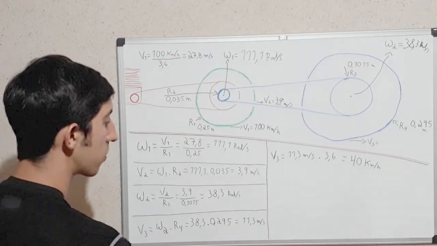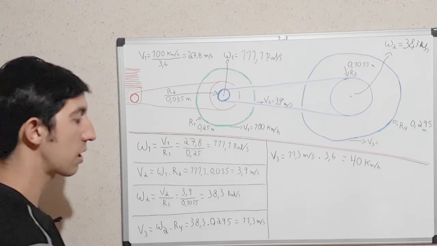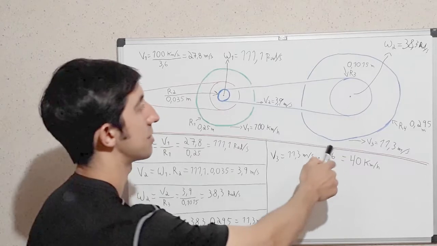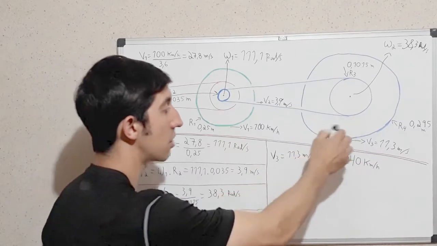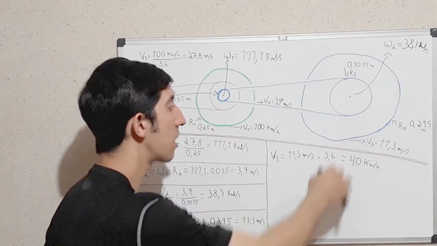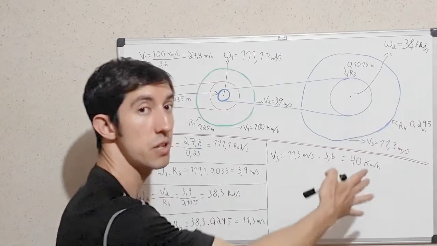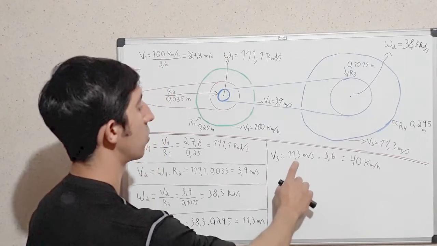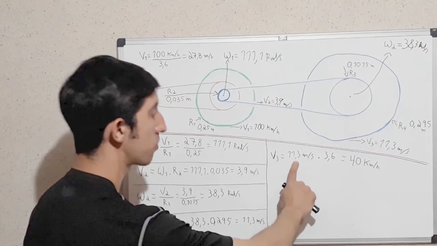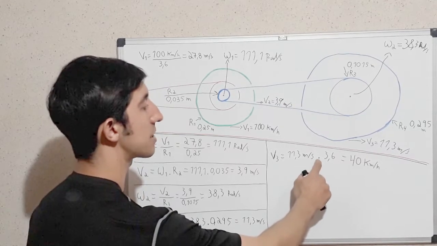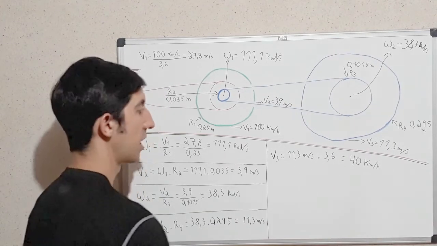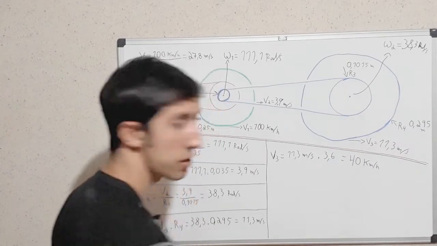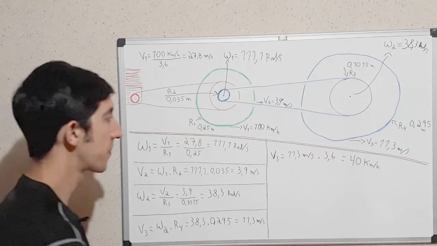We calculate that, we get 11.3 meters per second. So we know that the speed of the tire in contact with the ground is 11.3 meters per second. To convert that to kilometers, we calculate 11.3 meters per second times 3.6, and we get around 40 kilometers an hour or 25 miles an hour.